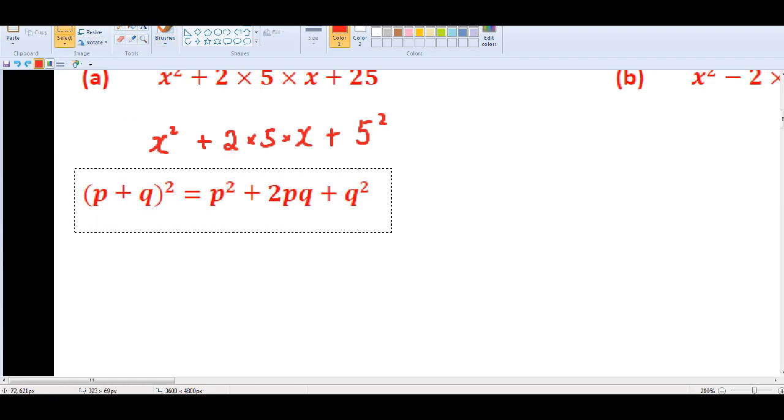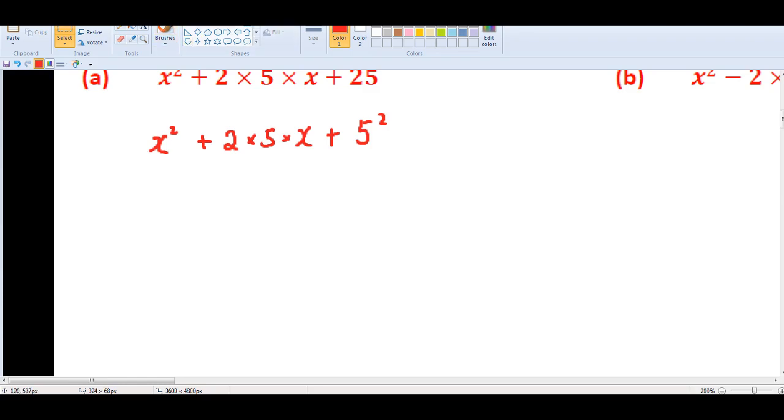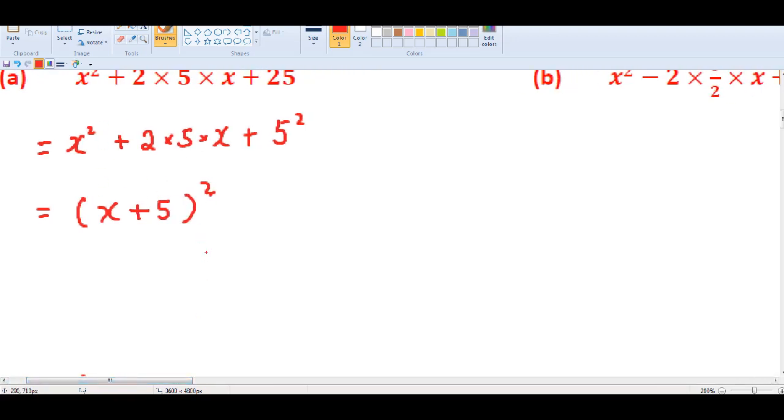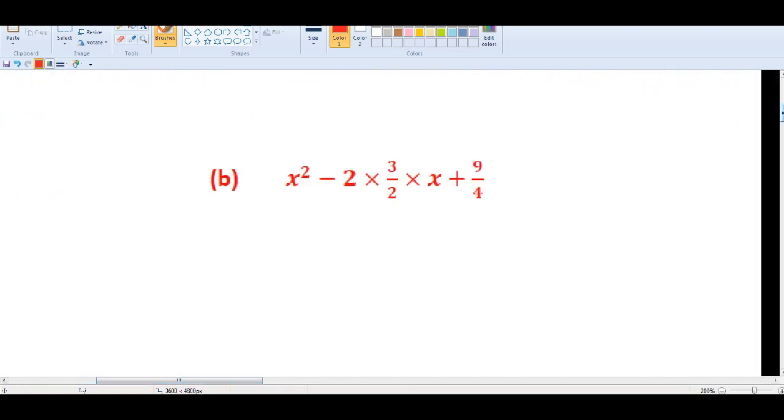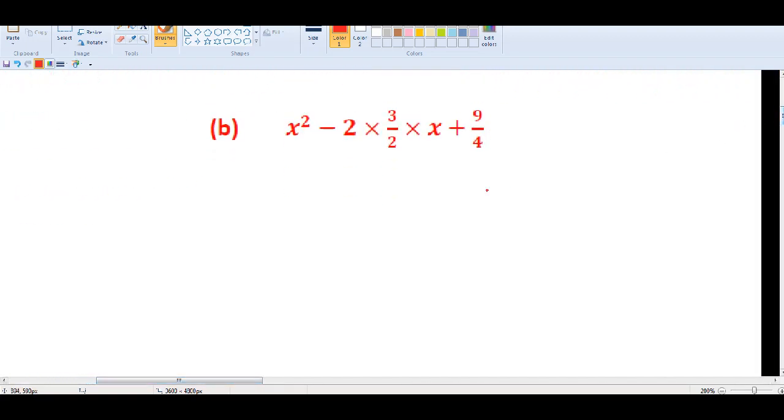So if you see that pattern, these three terms we can just factorize into this form. Remember you have to match each term by using that identity, right? Let's move on to here. For this one, the first term is x squared, and you've got 2 times 3 over 2 times x plus 3 over 2 squared, right?